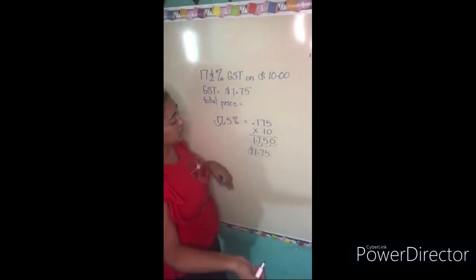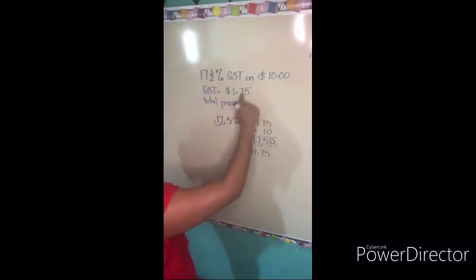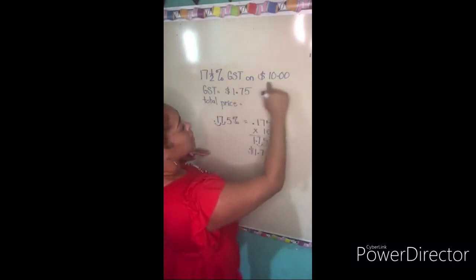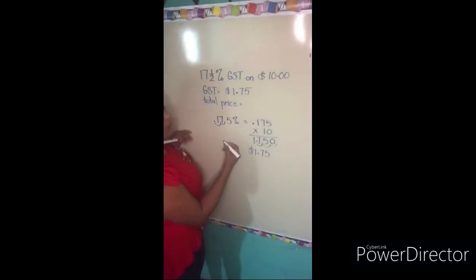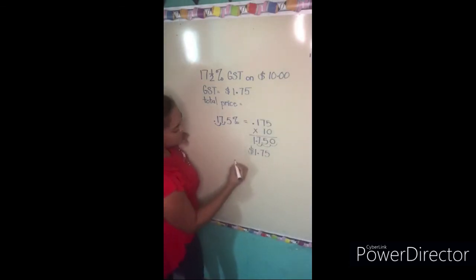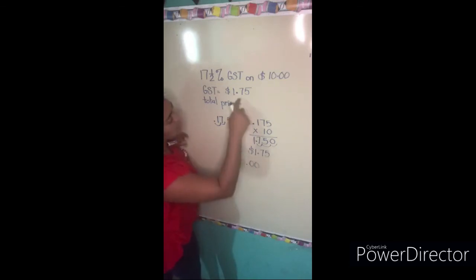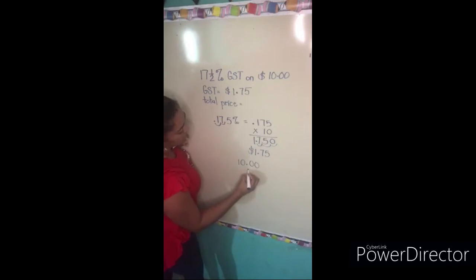So for something that costs $10, you need to pay $1.75 GST. So you're going to add that now to the $10 to find out how much is the total that you will pay. All right? So let's add our $10. This is where you need the decimal now because this number has decimal in it, right? Remember, number under number, decimal under decimal.